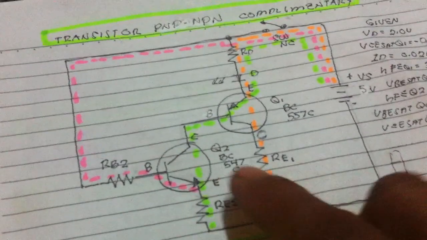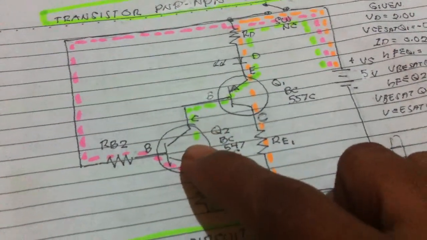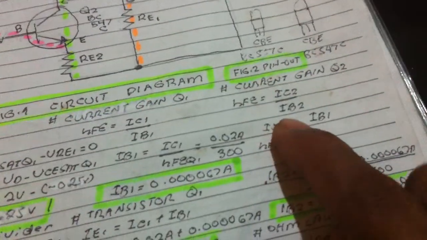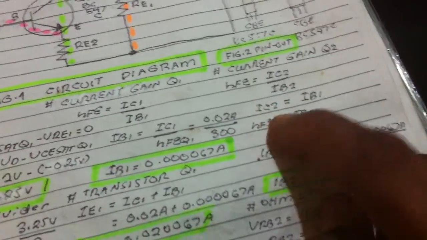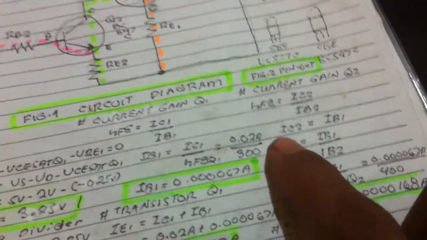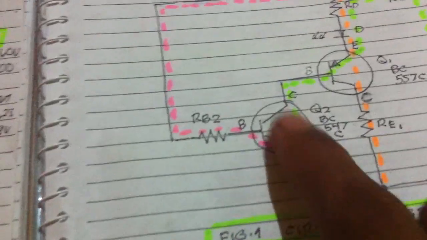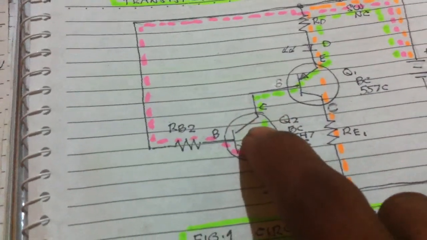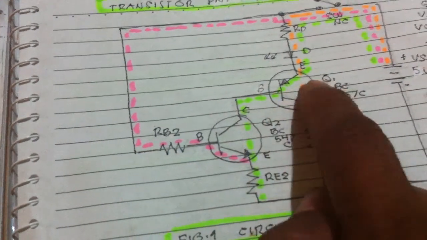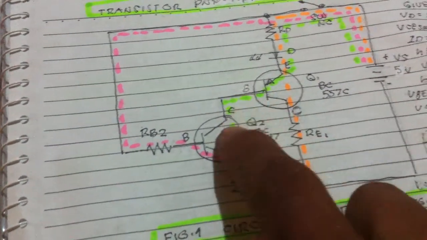Let us find the current gain of transistor 2, using the same formula, hFE is IC over IB. IC2 is equal to the base current of the first transistor, since they are in series.